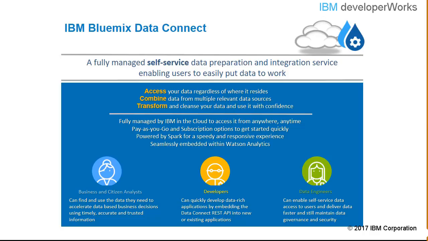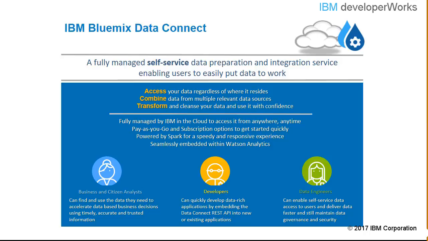So let's look at the IBM Bluemix Data Connect service. So Data Connect is a fully managed self-service data preparation and integration service that enables all users, both technical and non-technical, to put data to work. The service empowers users to act on their data by providing them the ability to get instant access to it regardless of where it's stored.